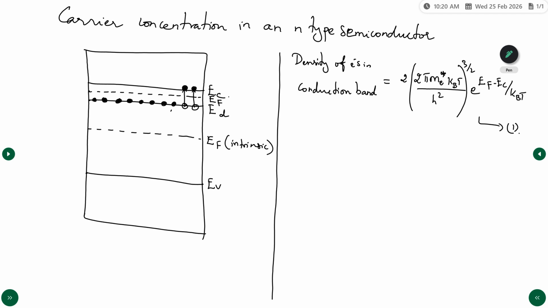Next, the density of ionized donors also should be considered. These two are responsible for the conduction. That's why we are taking the density of electrons and also the density of ionized donors.